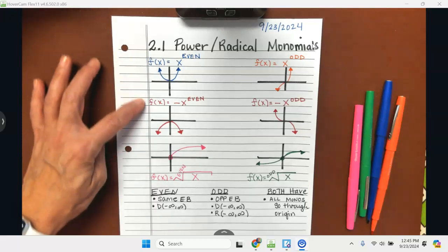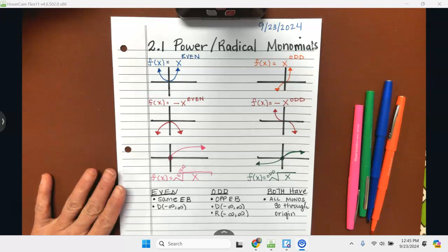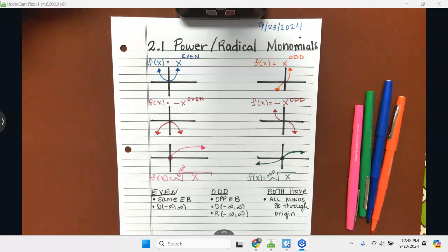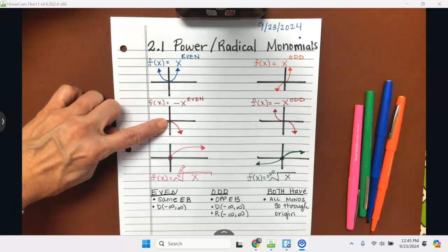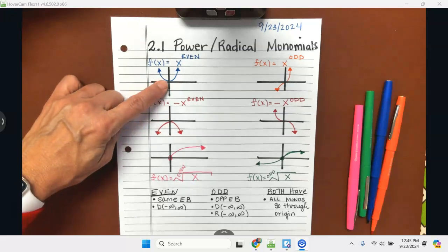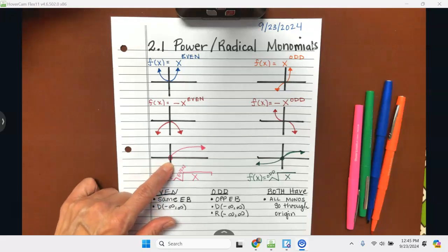Let's go back to the evens. What do you notice about the evens? Do they have any extrema? Any absolute maximums or minimums? That has a maximum. This has a minimum. This has a minimum.